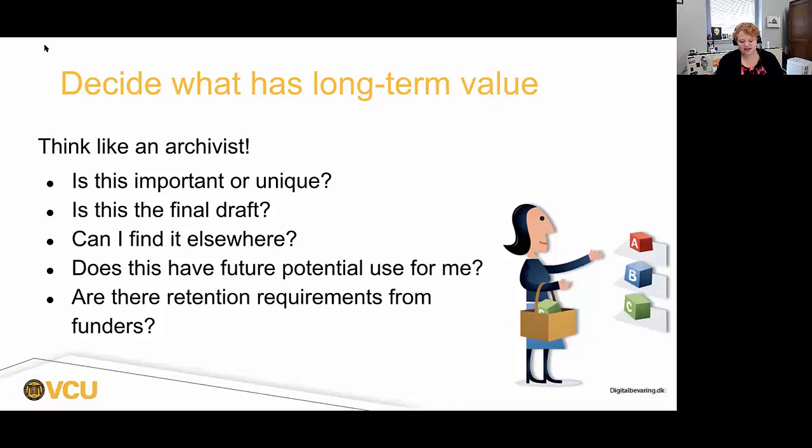If so, keep the citations rather than the article, as those are accessible via other avenues in the future. A citation manager can help you with this. Of course, though, if something is very difficult to find or access, then you may want to keep that. If your project is active, then you can still think about the long-term value and what you will want to maintain after it's completed. Next slide.